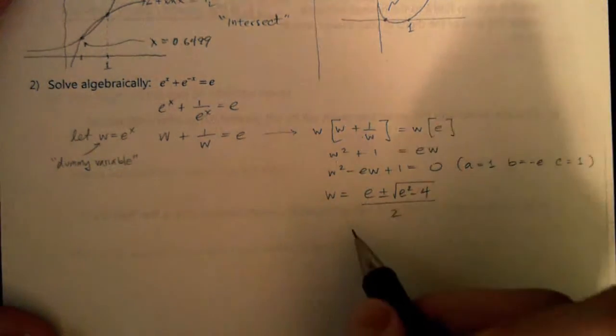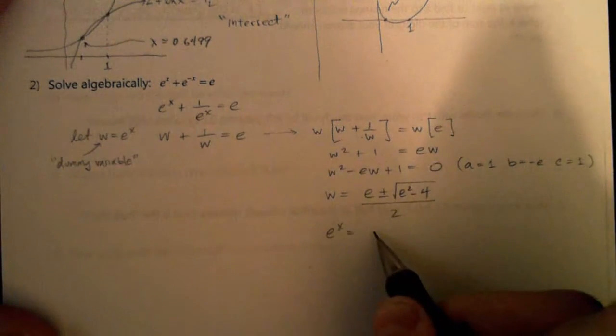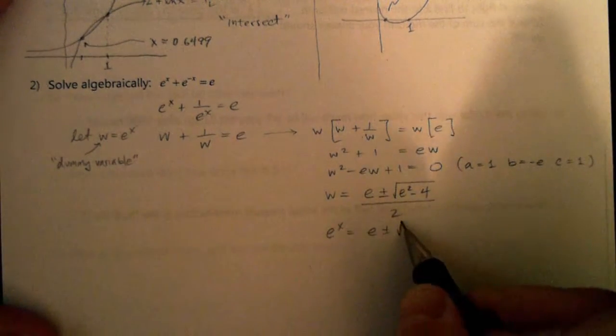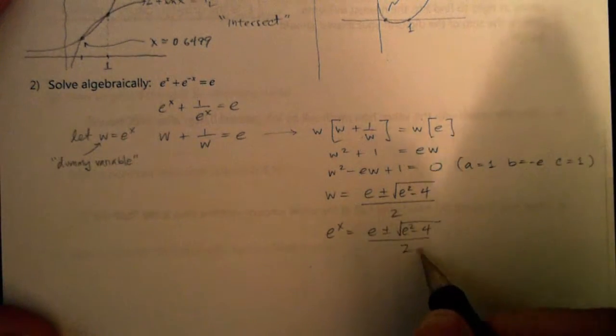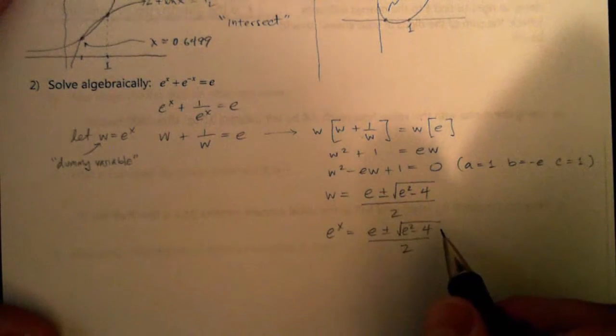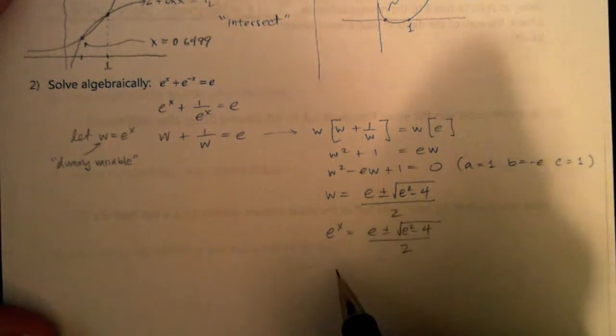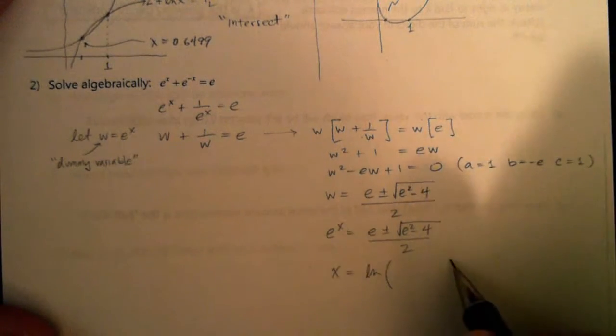Now w was a dummy variable, so whatever w was, we're going to let it pop back up, and so we have e to the x now is equal to these two numbers. And then rewriting this logarithmically, or equivalently taking natural log of both sides, we get x is the natural log of this.